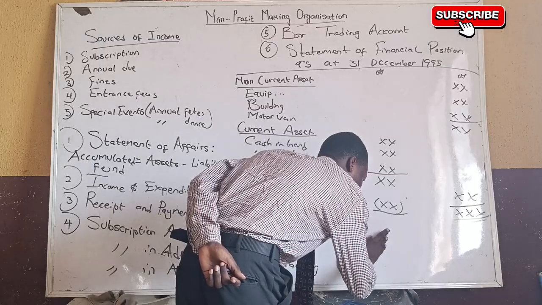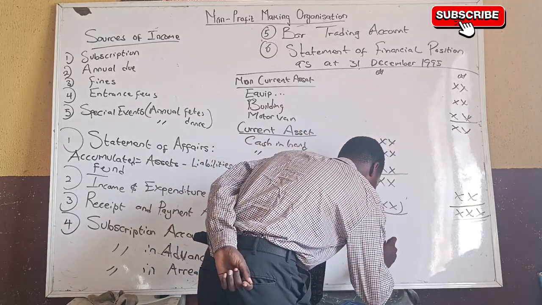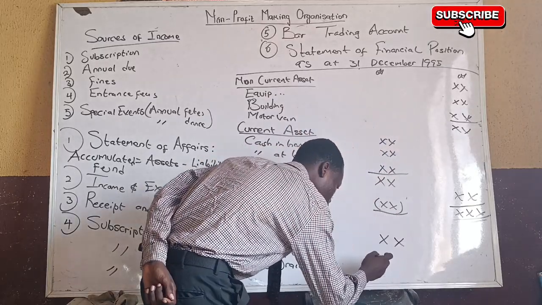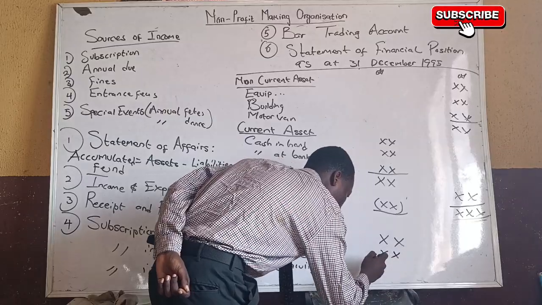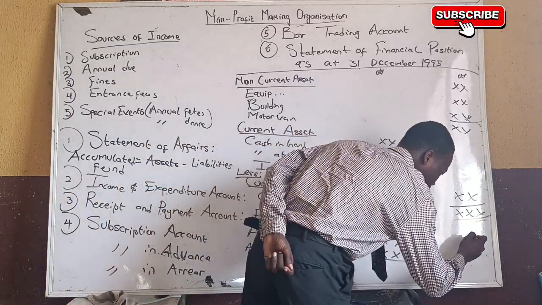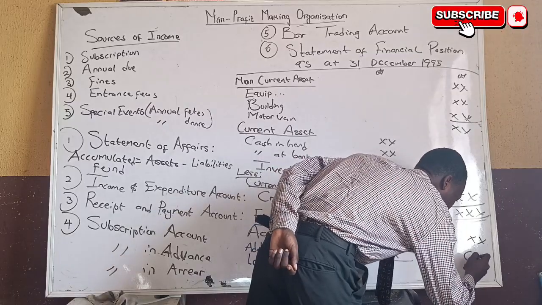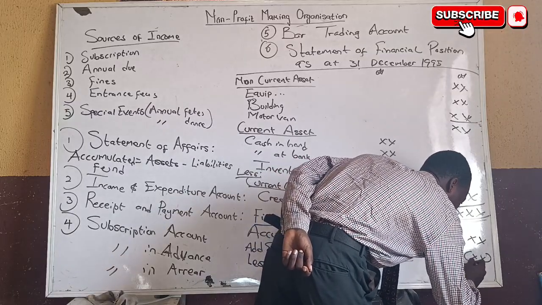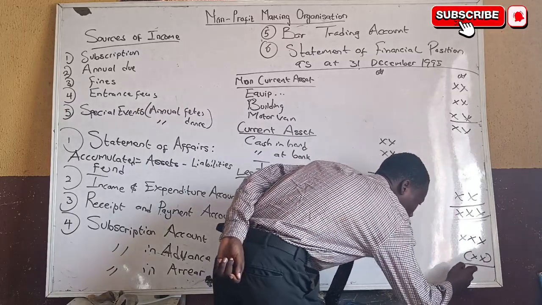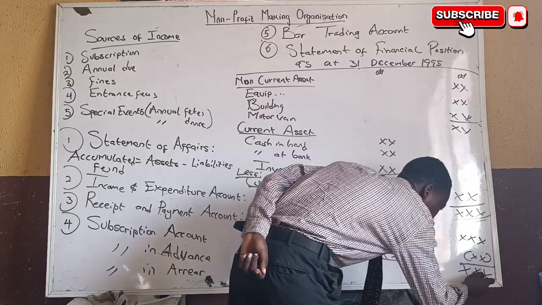We are going to start with this first. So the amount, we are going to transfer it here. Then when you less our drawings, we are going to have this.